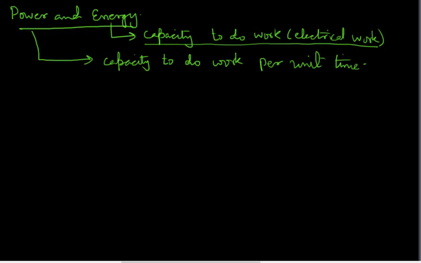So the mathematical definition, I would start with power. Power is simply dW over dt, the work done per unit time. Previously, we saw the definitions of voltages and currents. We can relate them like this. Work done per unit charge was voltage. You remember that?